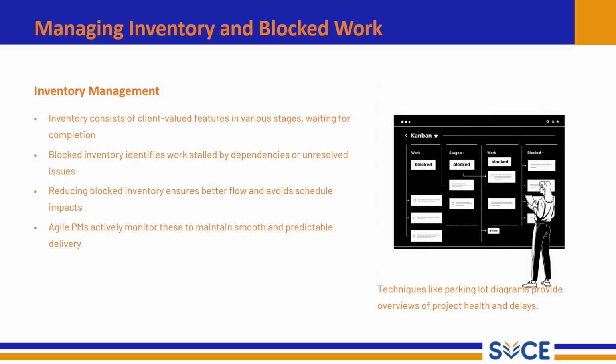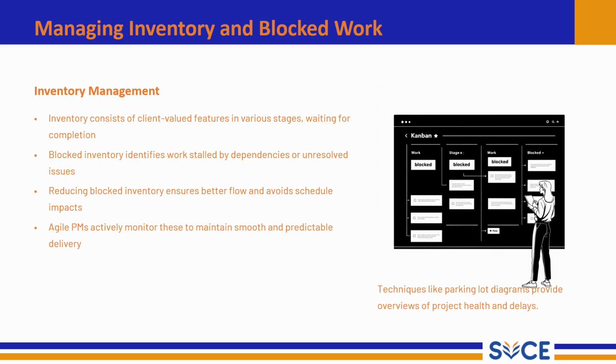Reducing blocked inventory ensures better flow and avoids schedule impacts. When too many tasks are stuck, project delivery slows down. So, Agile teams constantly work to reduce blocked work. This keeps the work moving smoothly and prevents delays in delivery.